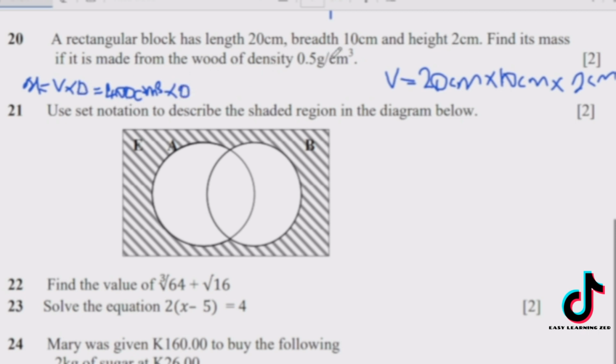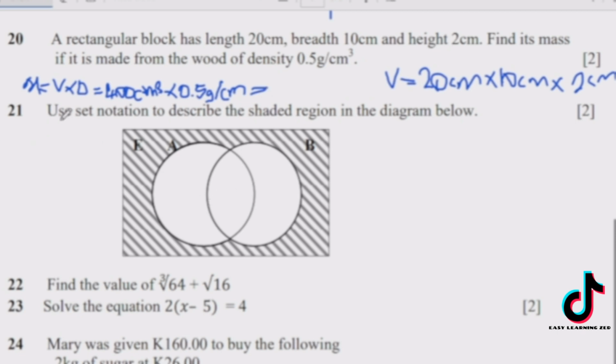This is density and it's given there: 0.5 grams per centimeter cubed. Now what we do here is we multiply. When we multiply 400 by 0.5, it's going to give us 200.